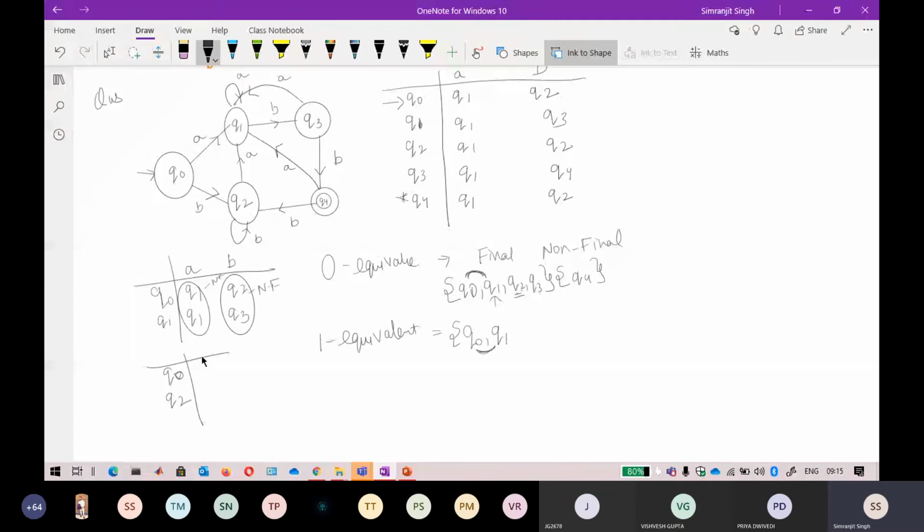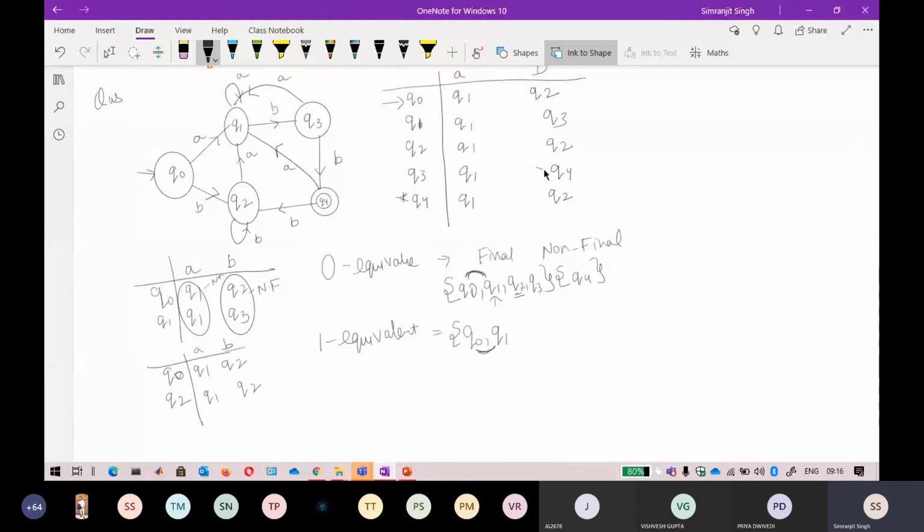So don't worry about that right now. Write Q0 and Q2 and write A, B here. Q0 on A is going towards Q1, and Q2 on A is going towards Q1. Q0 on B is going towards Q2, and Q2 on B is going towards Q2.